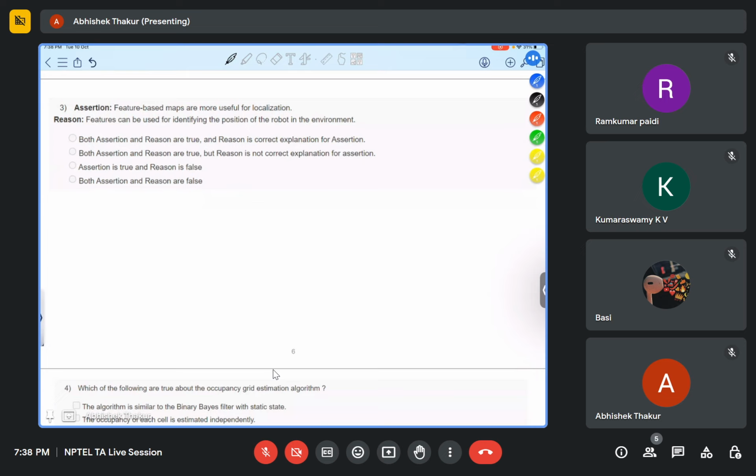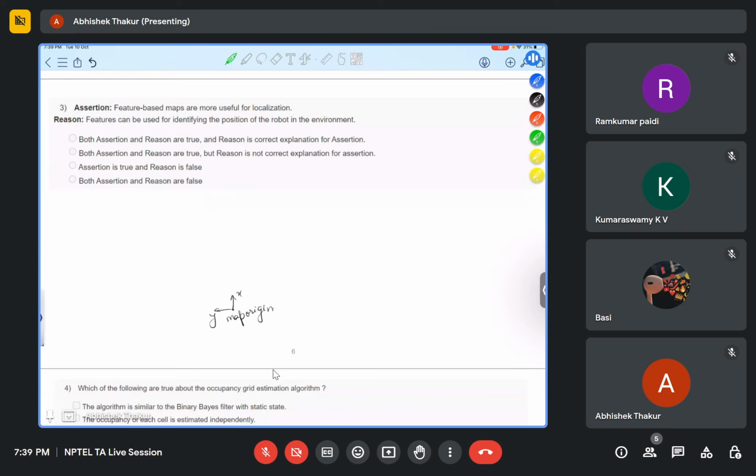Let's suppose we have a 3D map of an environment. This is our map origin, X, Y, and Z is out of the plane. Feature means some landmark.